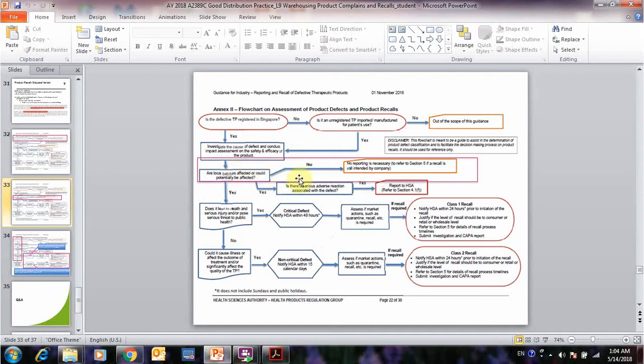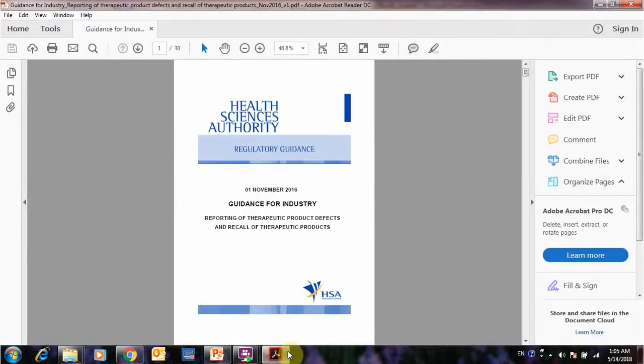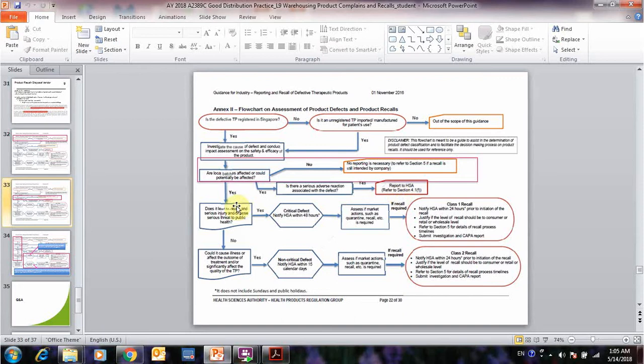If the answer is no, the defect is only relevant to the products that you exported overseas, then no reporting is necessary. If the answer is yes, and if you cause some serious adverse reaction, then report to HSA. This you can refer back to these guidance notes for more reference.